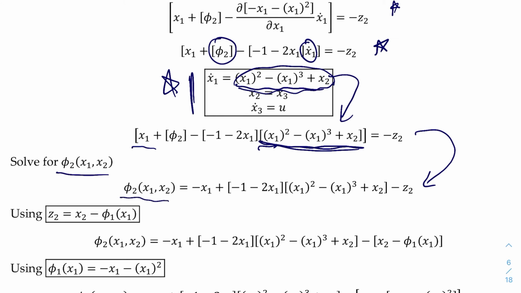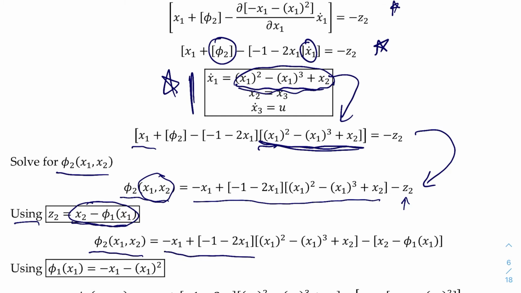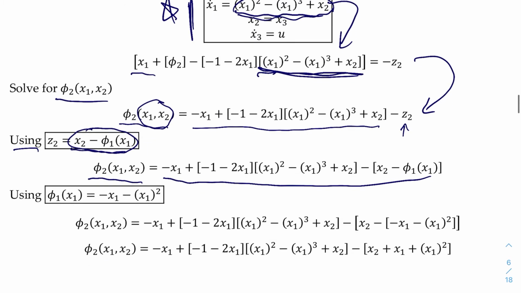Here phi 2, right? Using this equality, because we want phi 2 as a function of x1 and x2. All of those are x1 and x2, except z2, right? Let's substitute z2 using this expression. And now we have phi 2 as a function of x1 and x2.